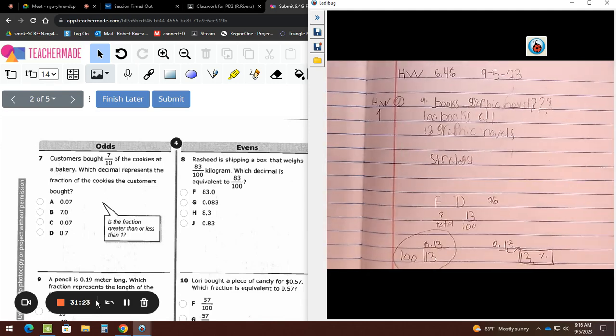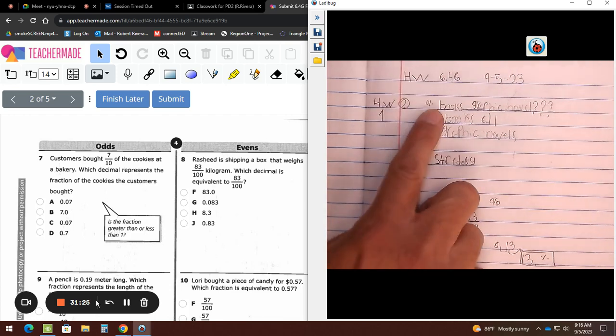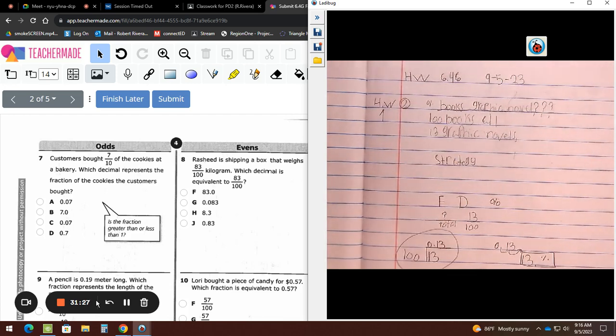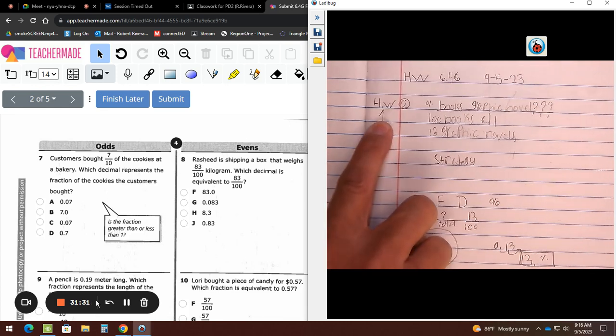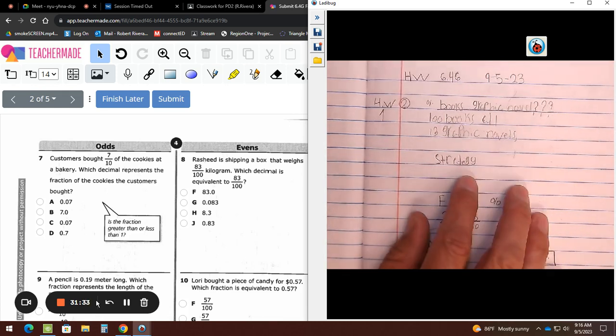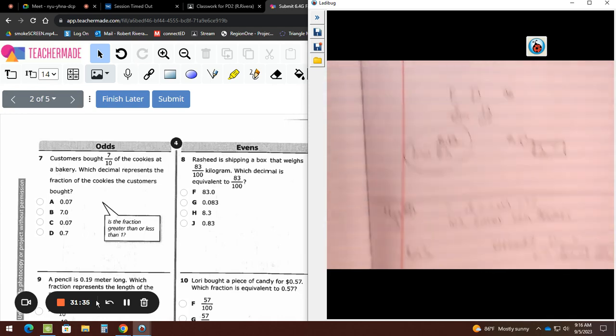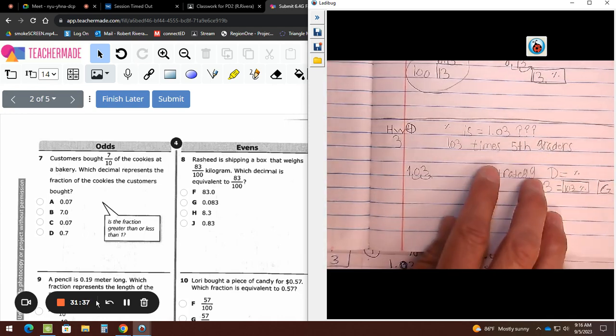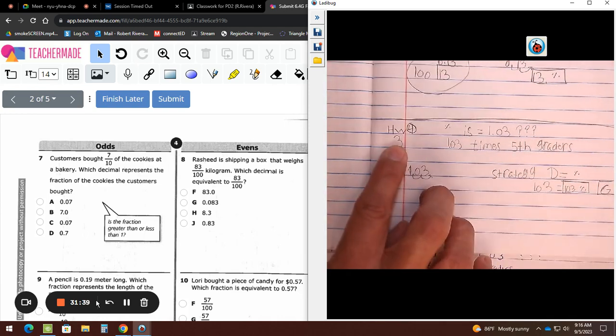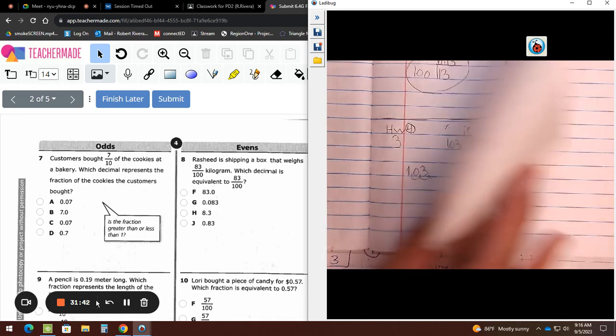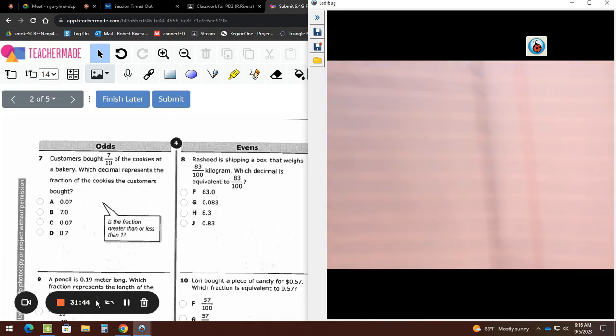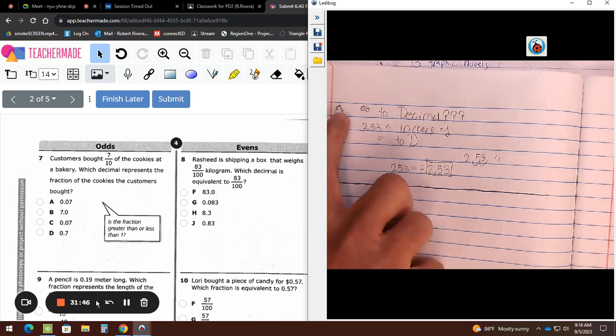So look, he did number 2 in class together. We did it, right? He's going to go home and do number 1, exactly the way he did number 2. Then we did number 4 together. He's going to go home and do number 3. In the back page, we did number 5.